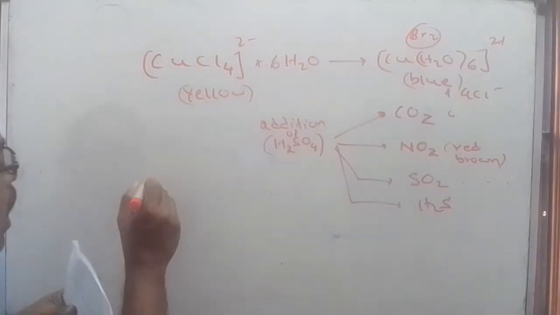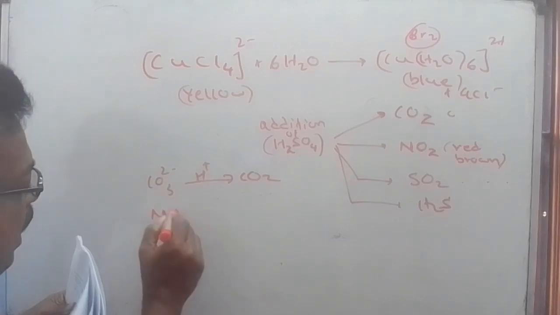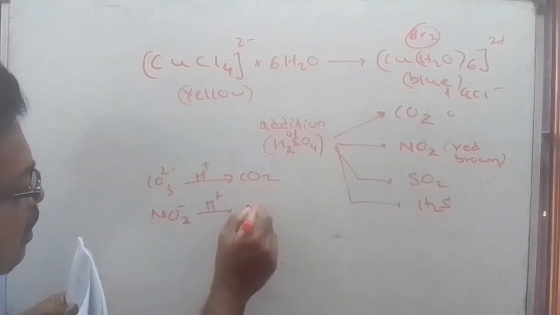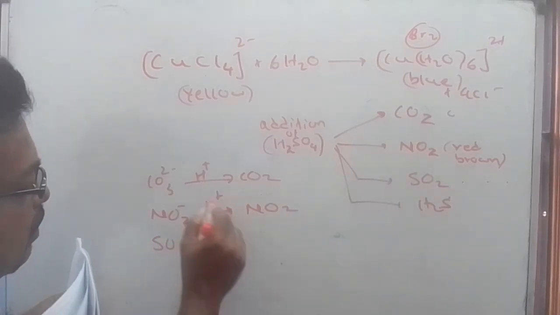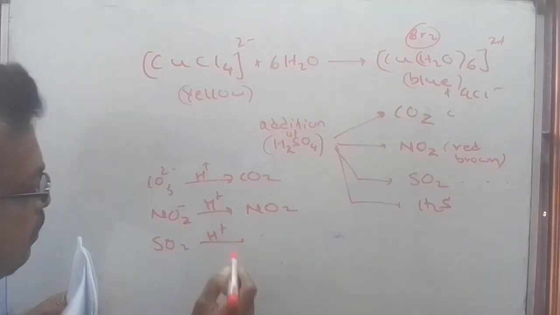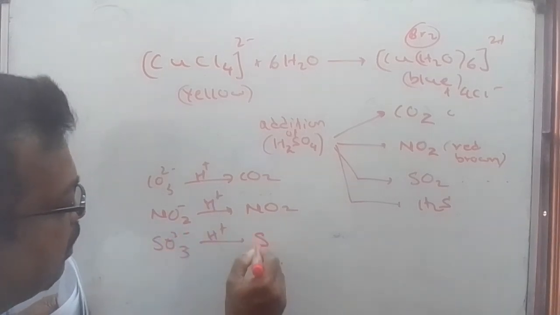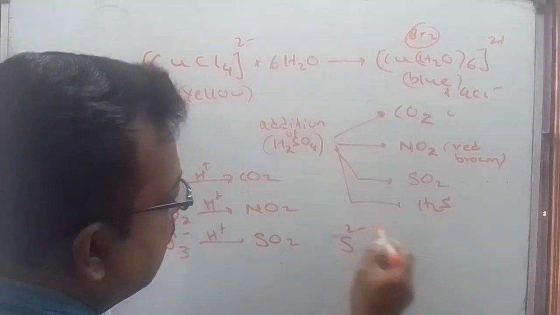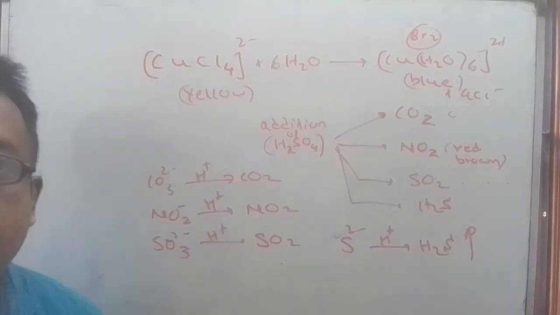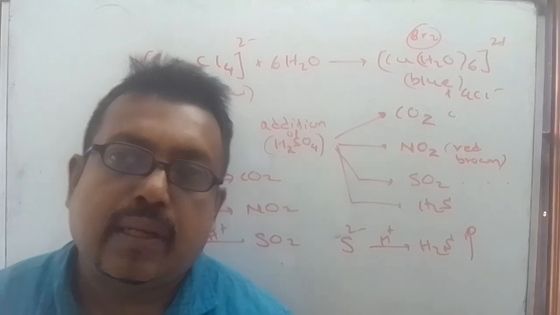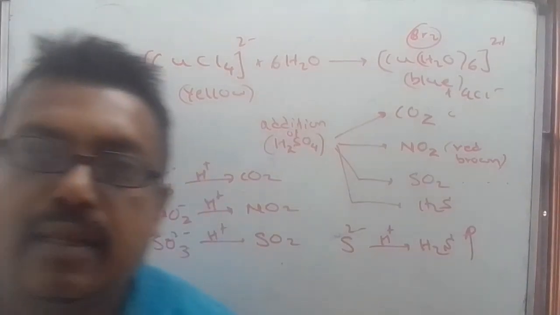The reactions: carbonate, H plus, carbon dioxide; nitrite, H plus, nitrogen dioxide, red brown color; sulfite, H plus, sulfur dioxide; sulfide, H plus, H2S. So the liberation of these gases is relevant to these anions.